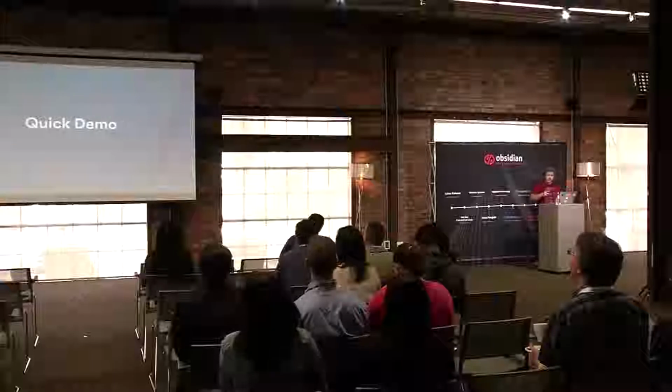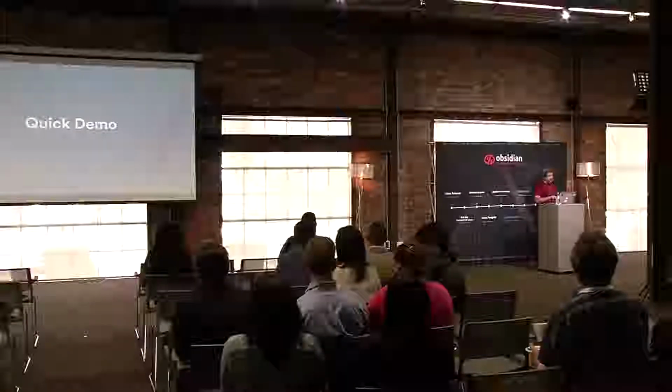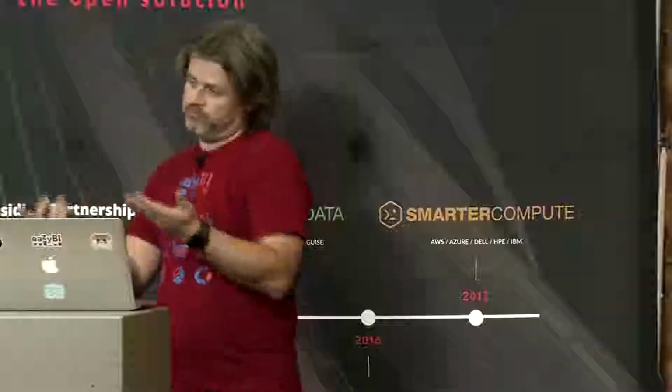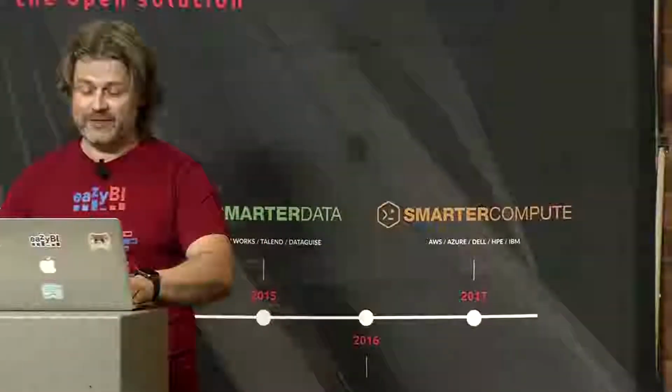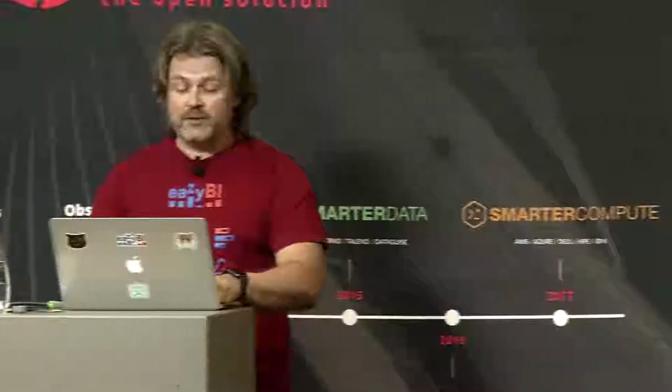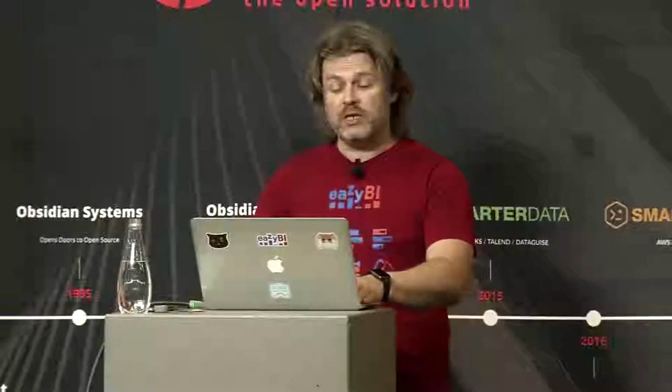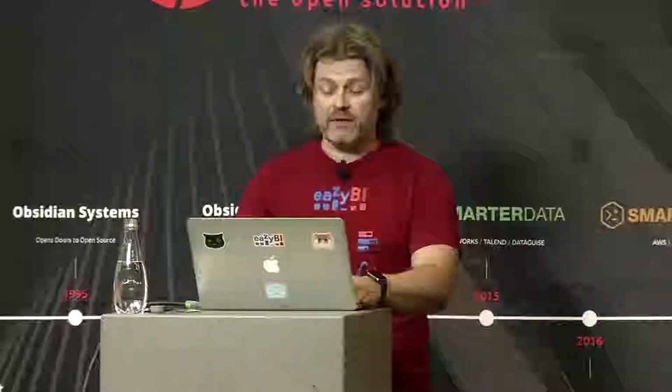But now I wanted to do also a quick demo of how EasyBI looks so that you are more convinced that you can easily create a lot of different reports. When you have installed EasyBI for Jira, you'll have a separate EasyBI tab there where you go and you get to the full screen report editor.